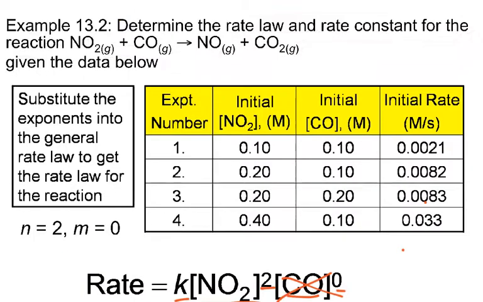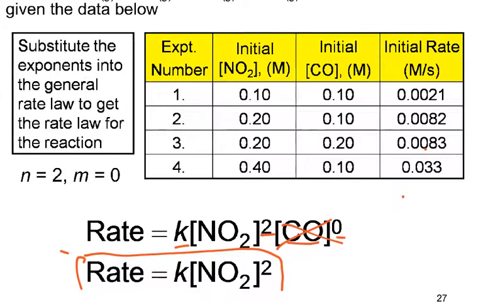Then, that's not all the question asked. It also asked for the rate constant. You can find the rate constant by plugging in any of the values. So you know the initial rate and concentration for several different experiments. If you were doing this in a lab, you would calculate the rate constant from all of the experiments and average them together.